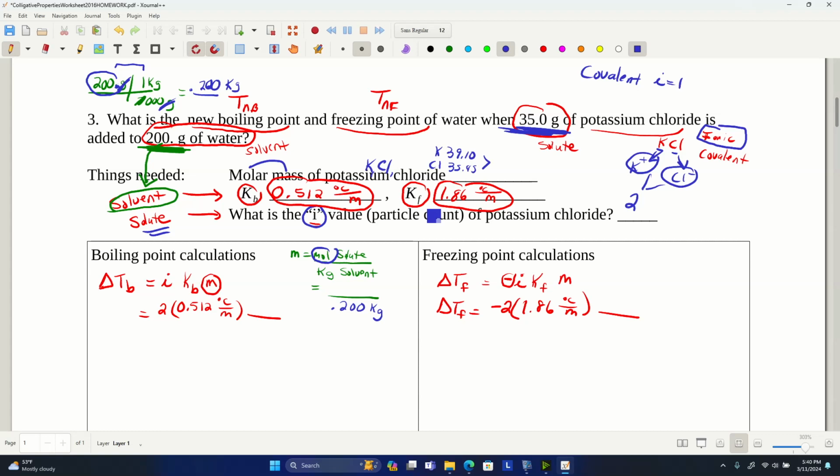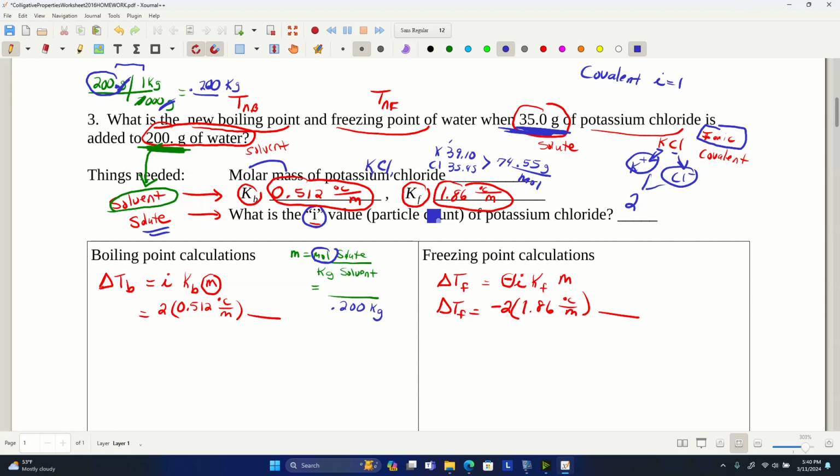So if I add those together, I get 74.55 grams over moles. So there's my molar mass.